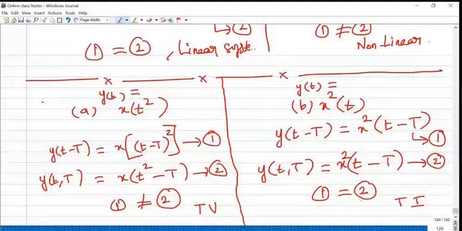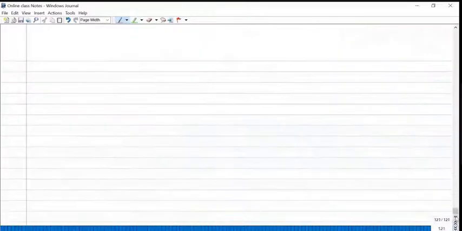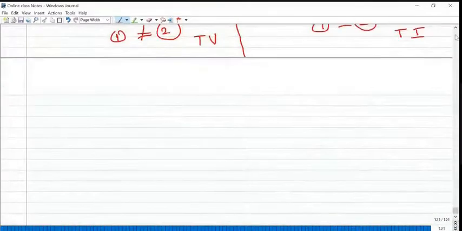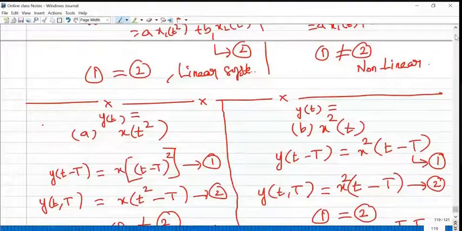Okay. So any doubt? Linear, non-linear, time invariant, time variant identification is a little bit difficult. You have to solve the problem or understand the concept. Once you understand the concept, then everything is simple. So more problems are there.